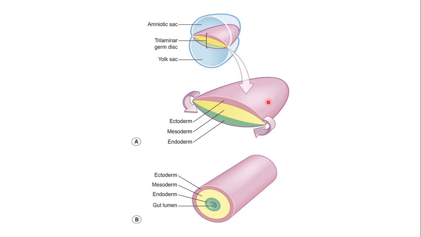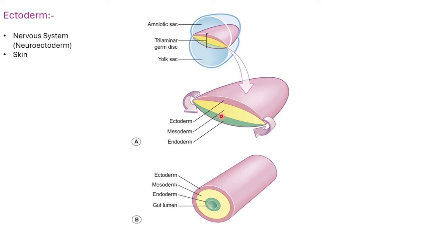So this trilaminar disc is composed of an outer surface called the ectoderm. The ectoderm provides us with the outer part of our body, such as the skin and the nervous system. And the part of the ectoderm that gives us the nervous system is called neuroectoderm, okay?